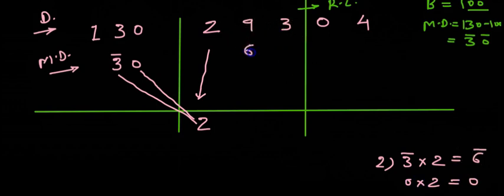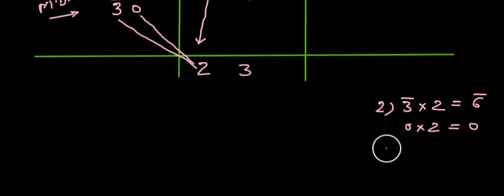Write negative 6 below the second digit 9 and write 0 below the third digit 3. Now we have written the products below the second digit and third digit. Now let us add these two digits only. 9 plus negative 6 is 3. Okay, now 3 has become the recent quotient digit.